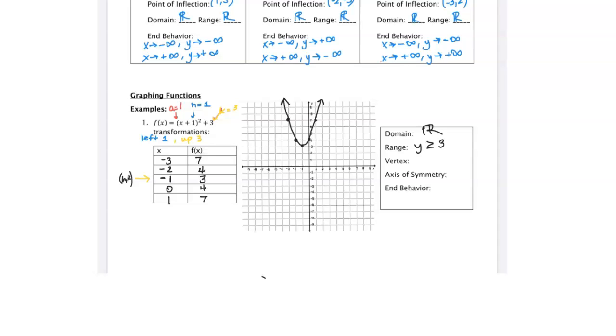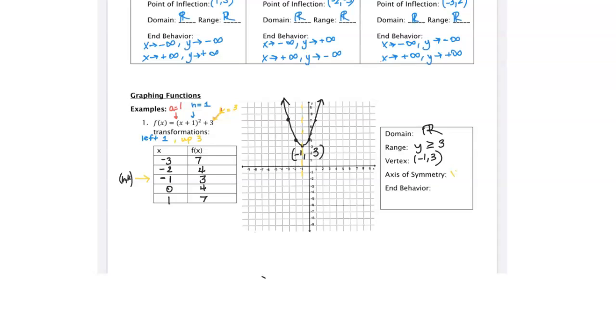Our vertex goes directly through the middle. I'm sorry, that's not the vertex. The vertex is here. It's our point in the middle. So in this case, it's -1, 3. The axis of symmetry goes through the middle, and it goes through the x coordinate.